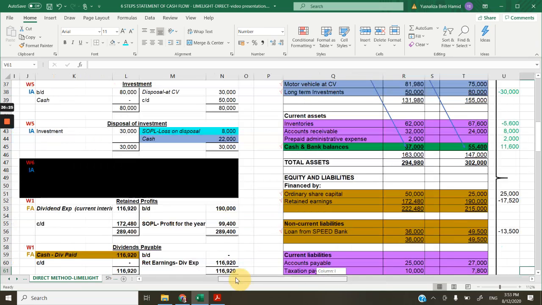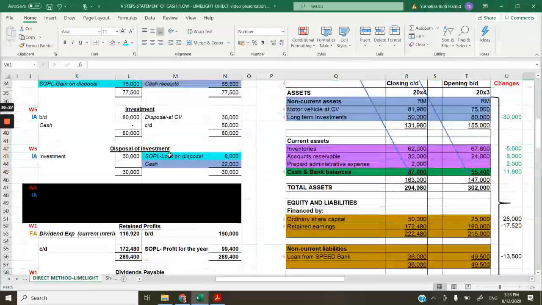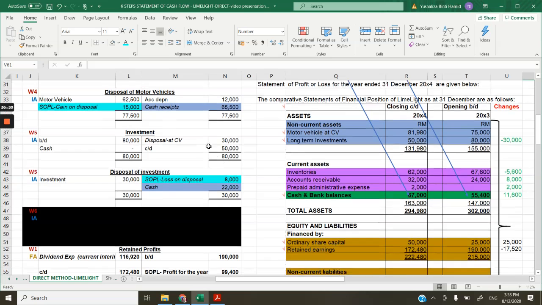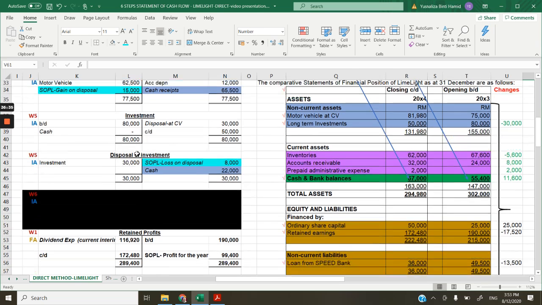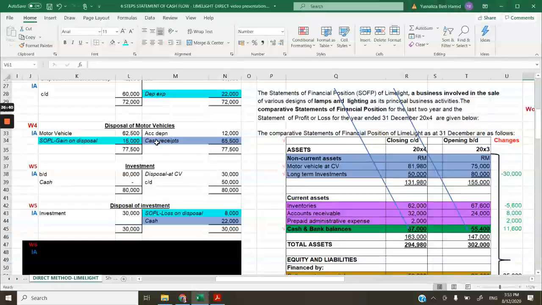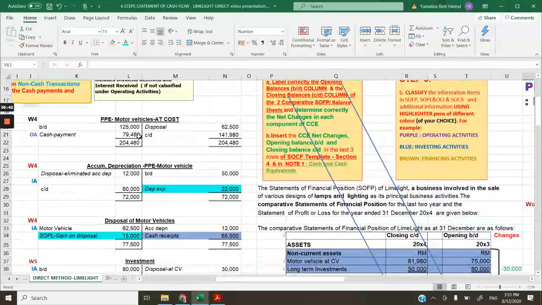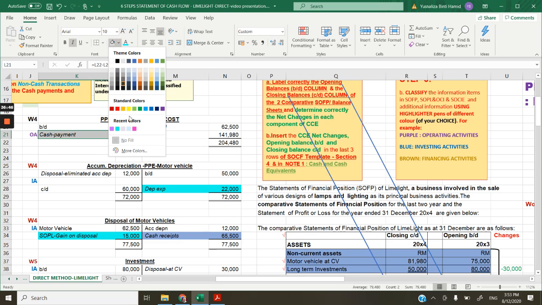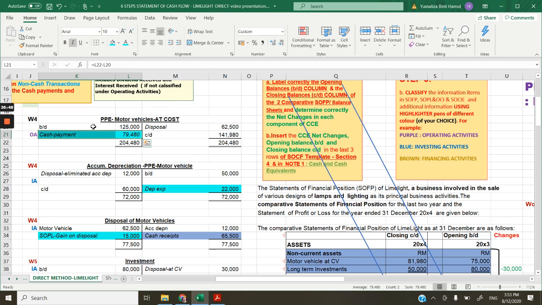Let's see the item again. So here, this is the one for disposal, and in your investment account here, you have no additional acquisition, but for your motor vehicle, you have additional acquisition of PPE. So I put PPE here in case you have many more.